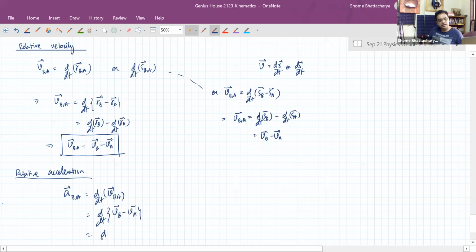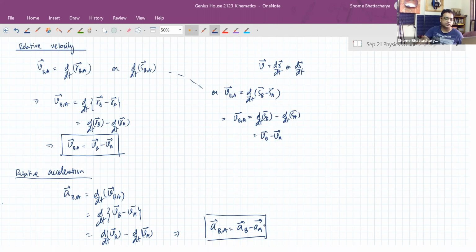So once again, the same kind of steps. So now we can approach the previous question by using this type of kinematics also.